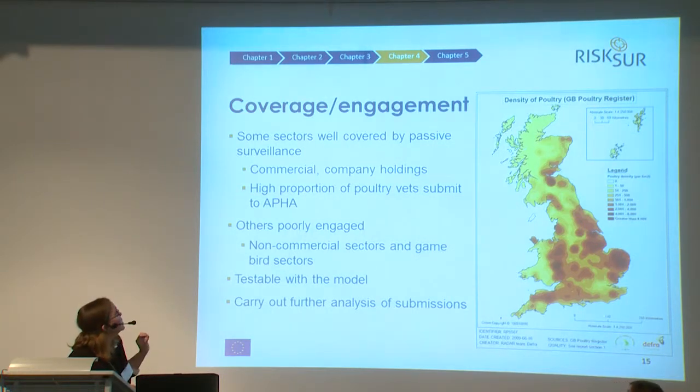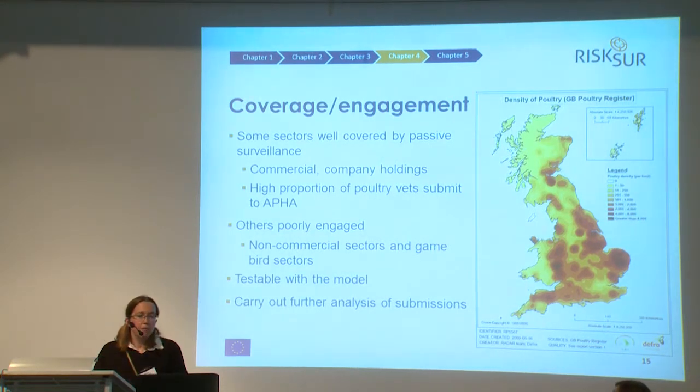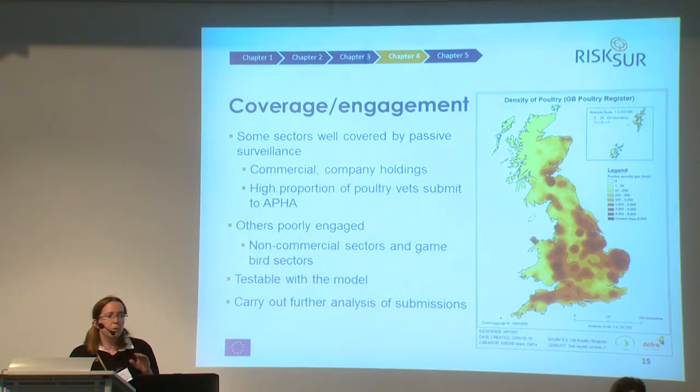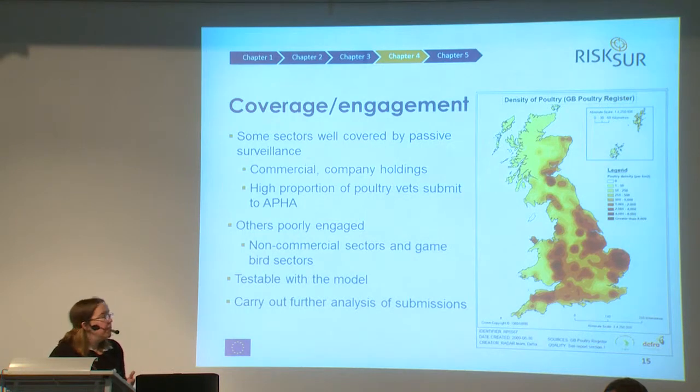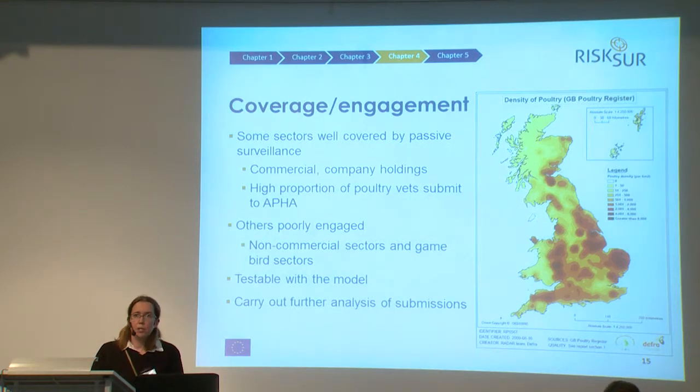just briefly, one area that was highlighted where we could improve our sensitivity was the coverage engagement. And there's a performance attribute for coverage as well, which is linked to sensitivity. So when you're going through, I think it's important you look at more than one attribute. But we know that some sectors are not well covered by passive surveillance in the UK. We think the commercial holdings, company holdings are.